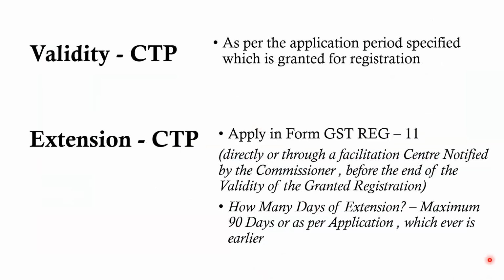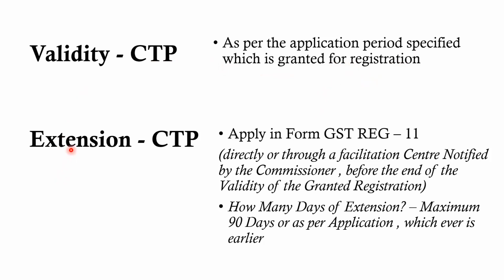What is the validity for the casual taxable person? For the application period that has been approved by the proper officer, for that particular period only the registration is granted. And what if an extension is required?